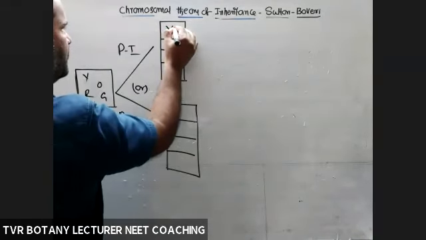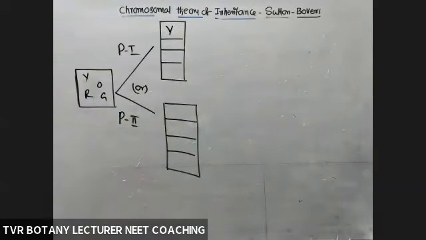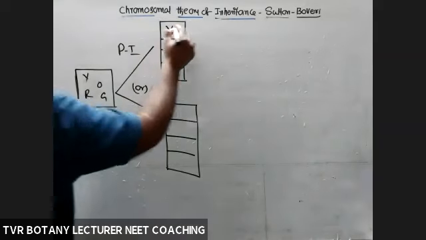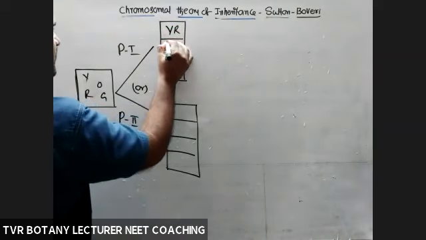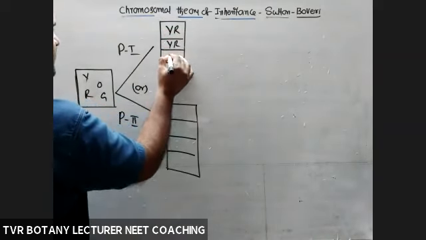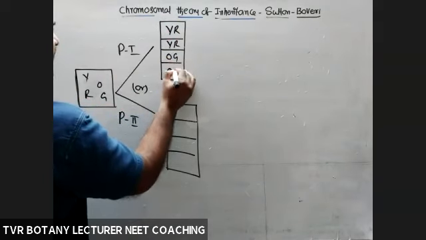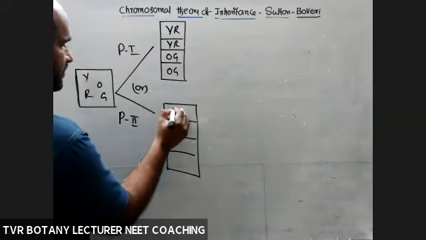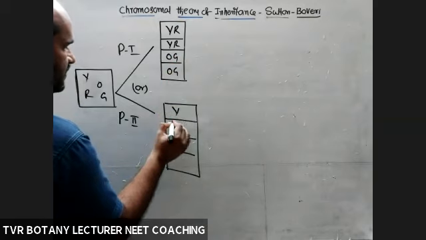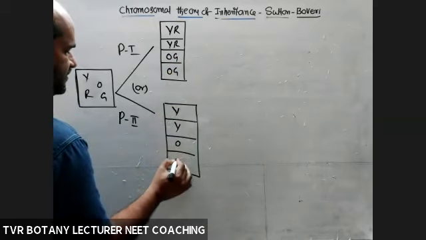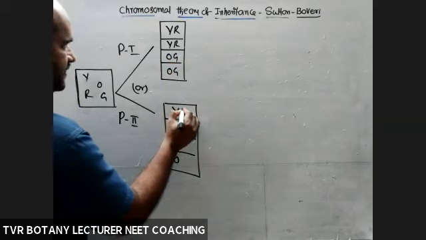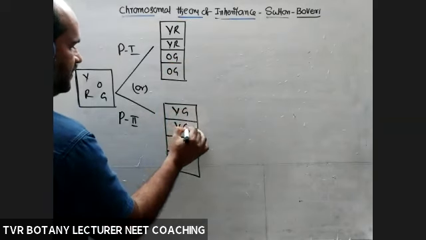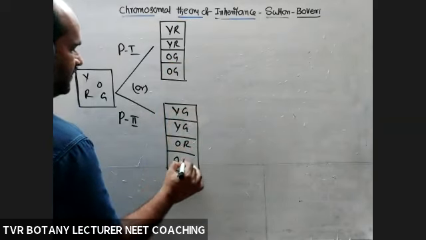Yellow with red or green? Yellow with red. Yellow, red. Next, orange, green. In the other one, make it reverse: yellow as it is, orange as it is, but instead of red, take green here, and red here. Two probabilities.